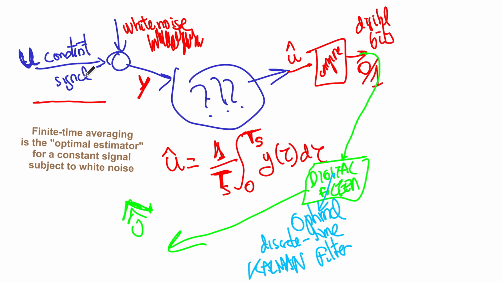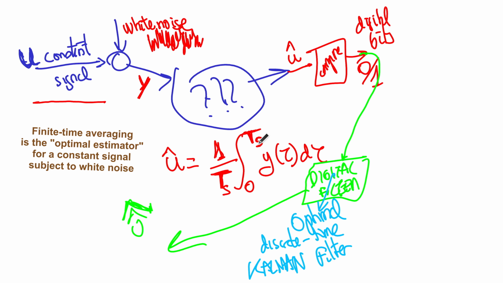And so if my assumptions are that I have a constant corrupted with a very high frequency noise, white noise ideally, then the optimal estimate is an average for as long as possible.